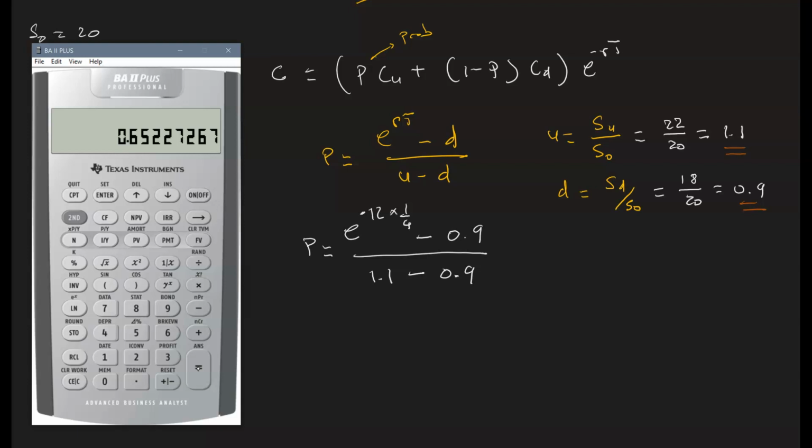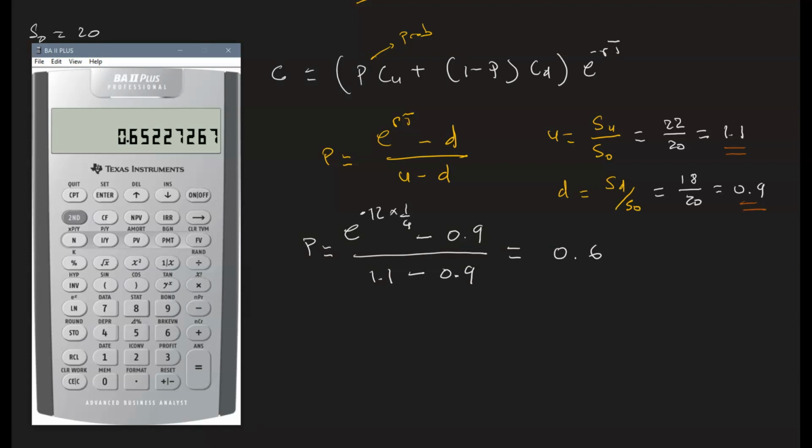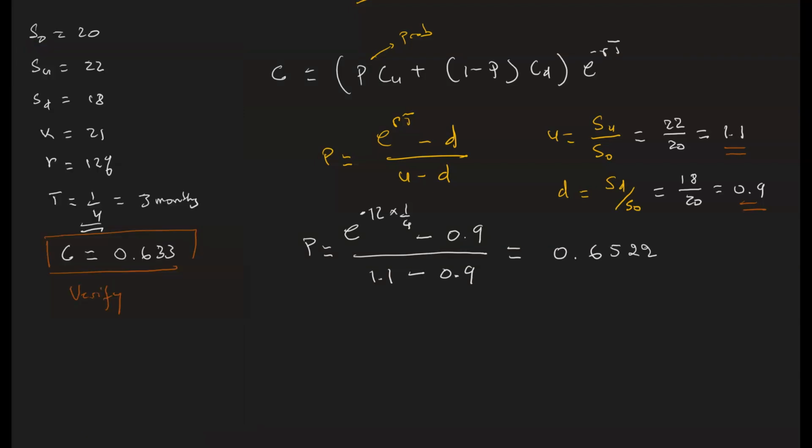So our risk neutral probability that the stock price is going to be increasing is equal to 0.6522.